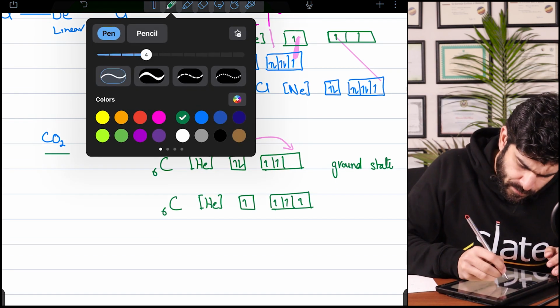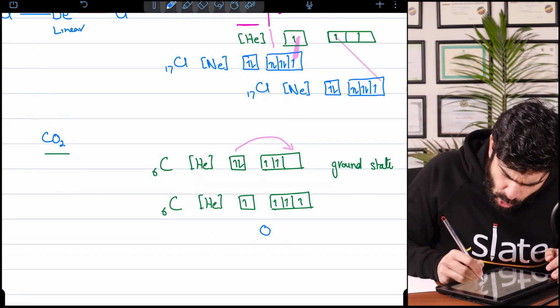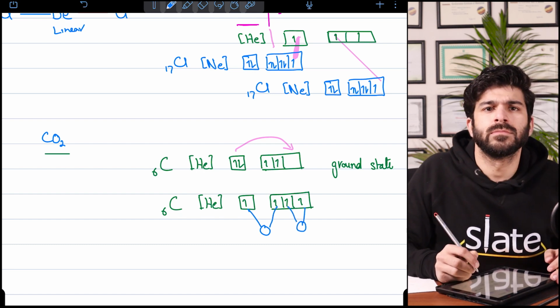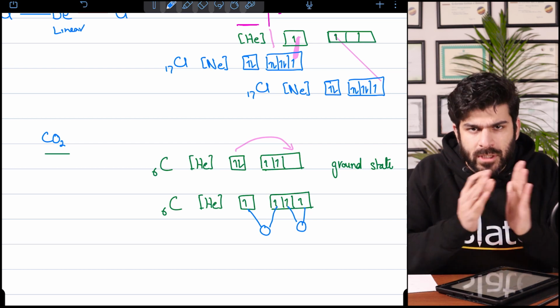So what will happen? We have two oxygens, one will bond with this one and one will bond with this one. And at the end, it's done.